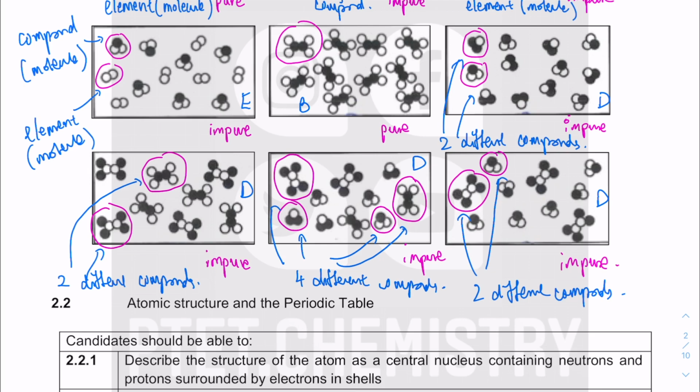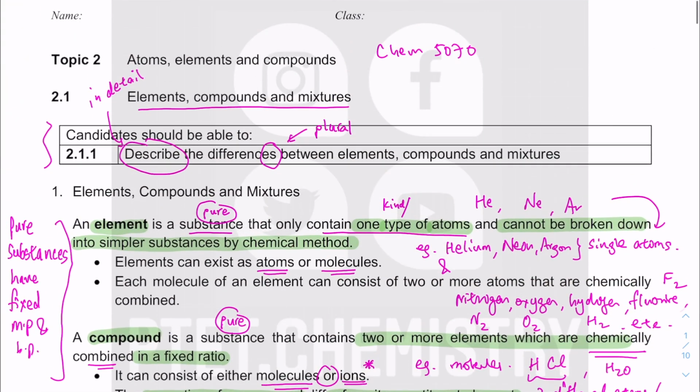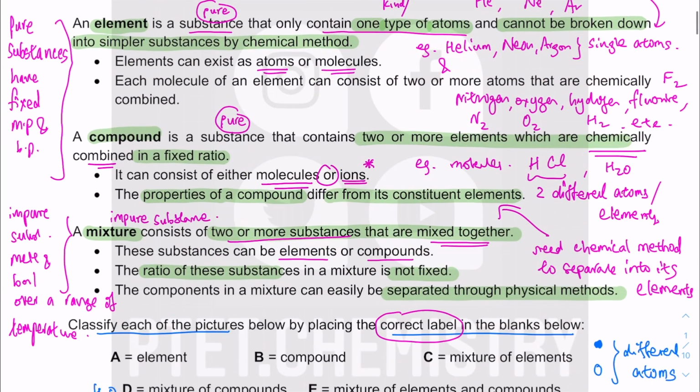So this is it for this tutorial video, where we have talked about the definitions of elements, compounds, and mixtures, as well as additional characteristics and features that differentiate between them in terms of their make-up constituents, whether they exist as atoms or molecules or ions, or here can be a mixture of elements, a mixture of compounds, or a mixture of elements and compounds.